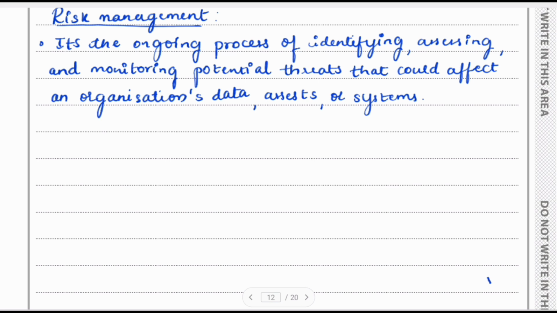And this also includes listing possibilities, types of risk, categorizing them as low, medium, high, acceptable, or unacceptable, and deciding how these threats will be monitored.